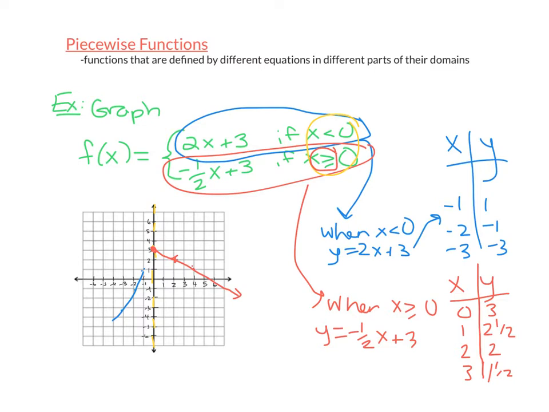Here's the problem. Between 0 and negative 1, that area right there is still in the domain of my graph. So I have a big empty space between negative 1 and 0, and I should not have a big empty space there. So actually what I'm going to do is I am going to include x equals 0. So when x equals 0, that graph is also going to be at 3 like the previous one.